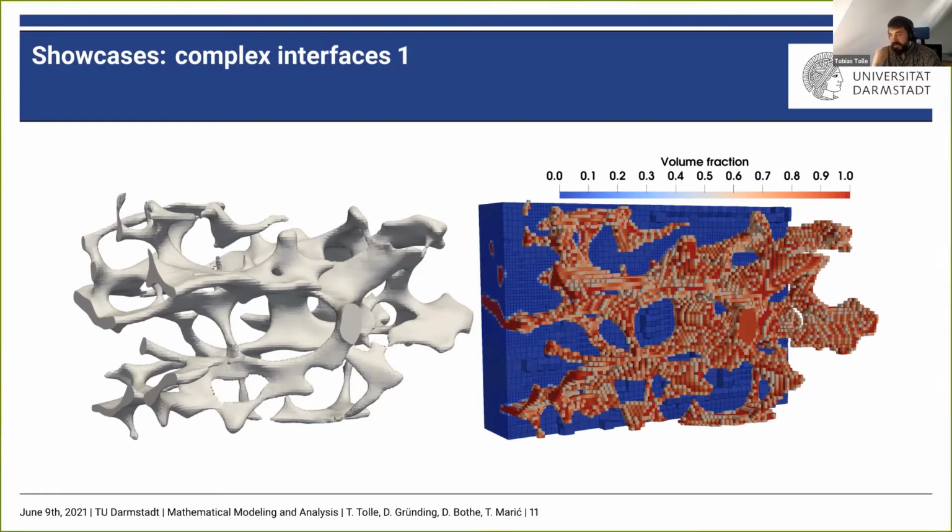Actually, the idea with the whole project was started by my colleague Tomislav Maric, who was developing a library for these geometrical intersections as part of a geometrical unsplit VOF method. This came up to him as an idea to reuse his geometric library.